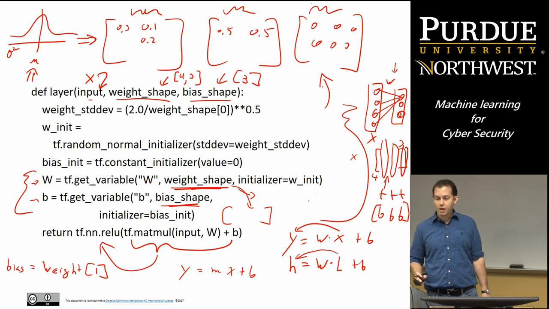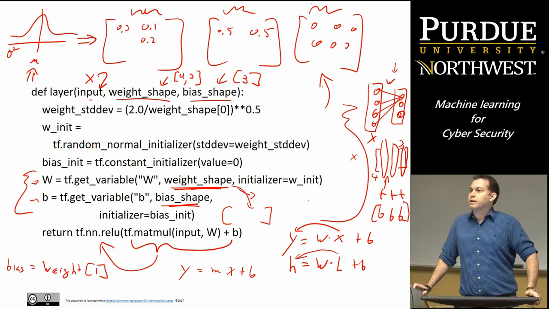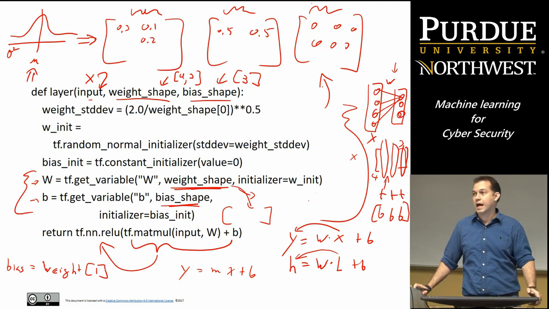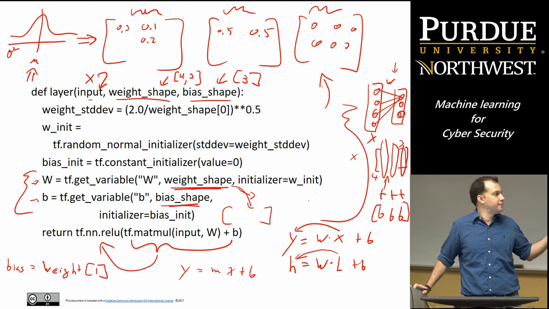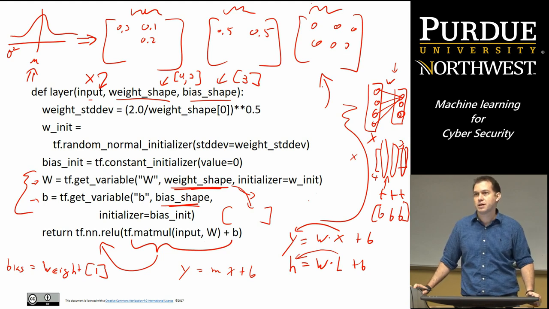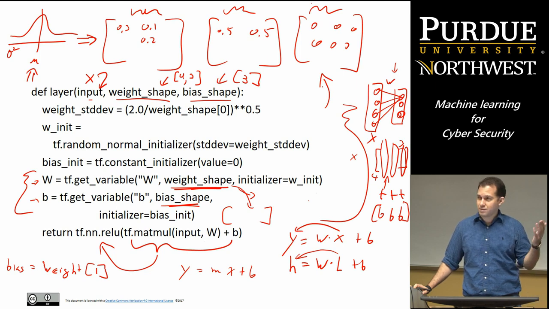Because as a computer scientist, I think, why would you have to? Yeah, I see your question, and that's all right. And actually, some people code it that way. To be honest, I like the fact that I put the numbers in there, because if I do that, I start to lose sight of what the architecture is in my network. I'm going to be like, okay, what was weight 1 again?